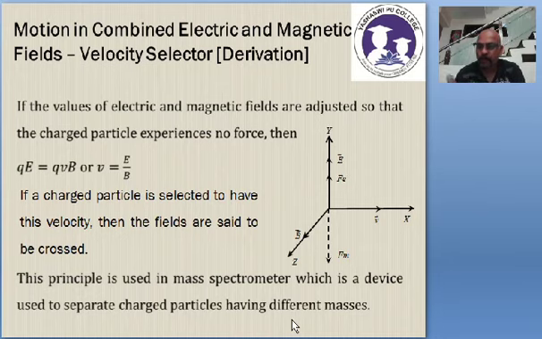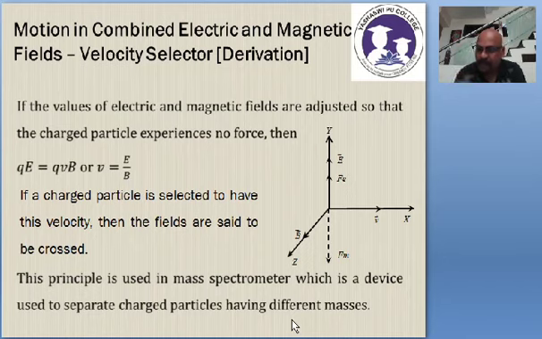If the charged particle is moving, say, along the x-axis, and the electric field is applied along the positive y-axis, then the charge will experience the force due to the electric field along the positive y-axis, because a positive charge experiences force in the direction of the field.